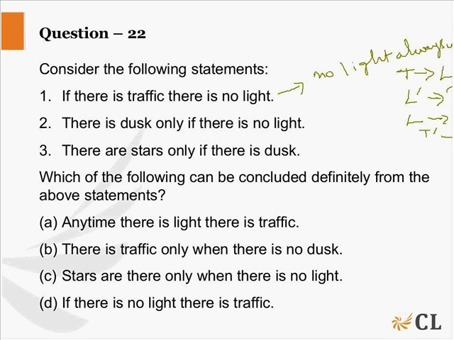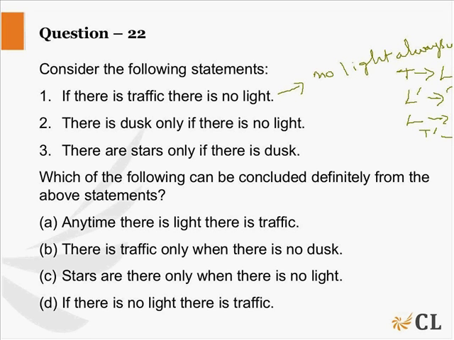Second says there is dusk only if there is no light. So what it means is if there is dusk, there is an absence of light, right? But if there is no dusk, I cannot comment upon the light. And similarly, if I say there is no light, I cannot comment upon dusk.